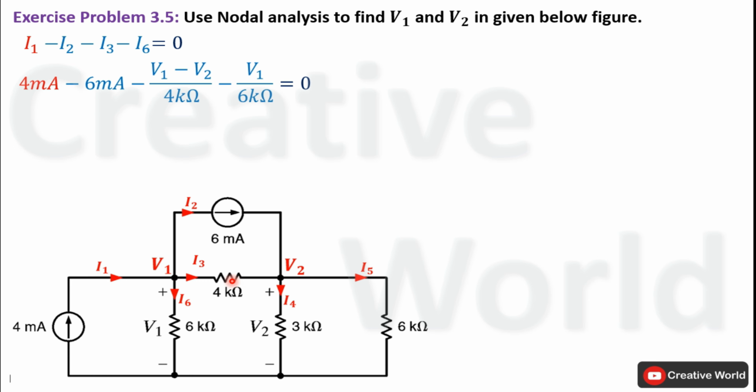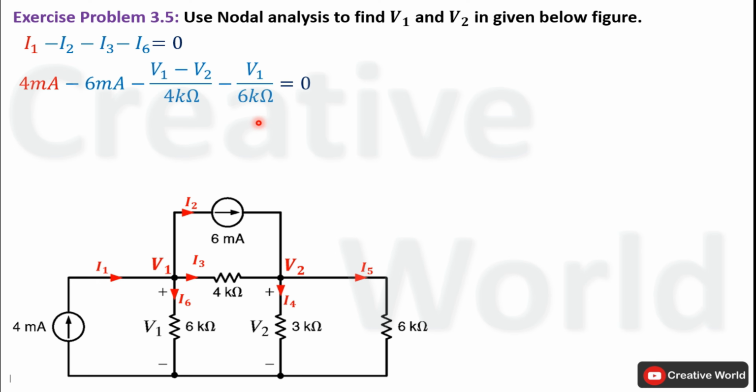And because this resistance exists between two node voltages, the difference of these two node voltages will be equal to the voltage across this resistance. So current I3 will be equal to (V1 minus V2) divided by 4 kilo ohm. And because this is a leaving current, it is taken with negative sign. Next, current I6 through this 6 kilo ohm resistance will be equal to V1 divided by 6 kilo ohm.